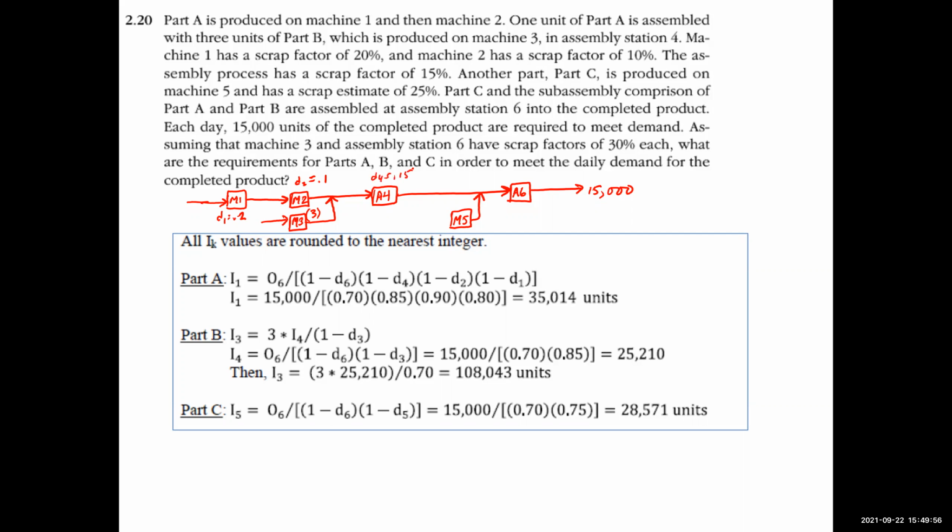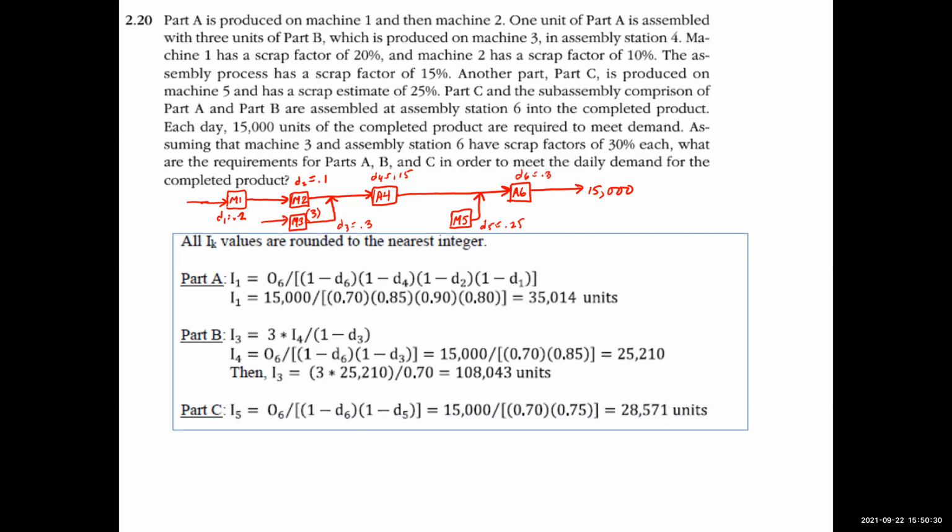Another part C is produced on machine 5 and has a scrap factor of 0.25. So D5 is 0.25. Part C and the sub-assembly are combined in assembly station 6. Machine 3 and assembly station 6 have a scrap factor of 0.3, so D3 is 0.3 and D6 is also 0.3. And so we have all that information.